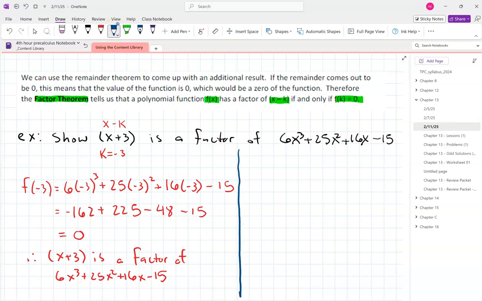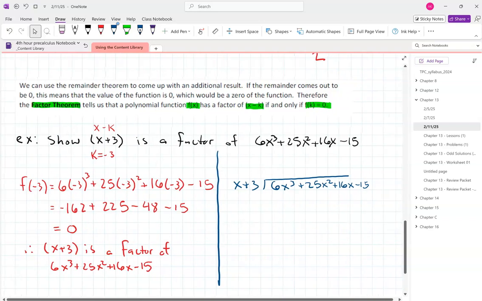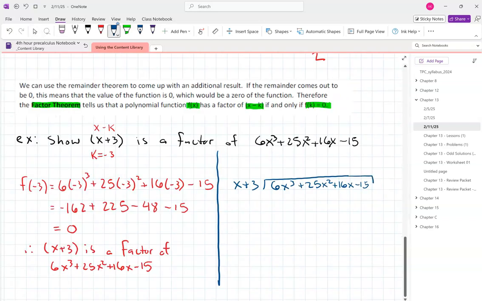Or I could do this using long division. So 6x squared times x is 6x cubed.